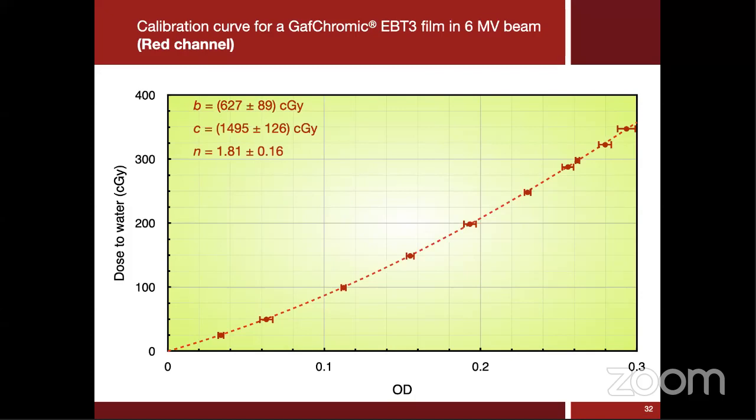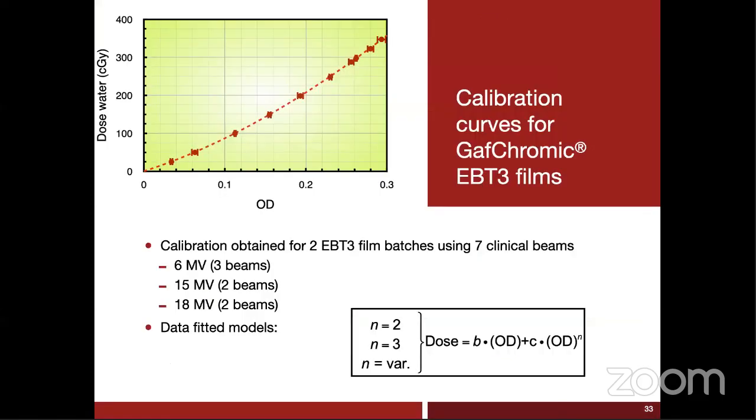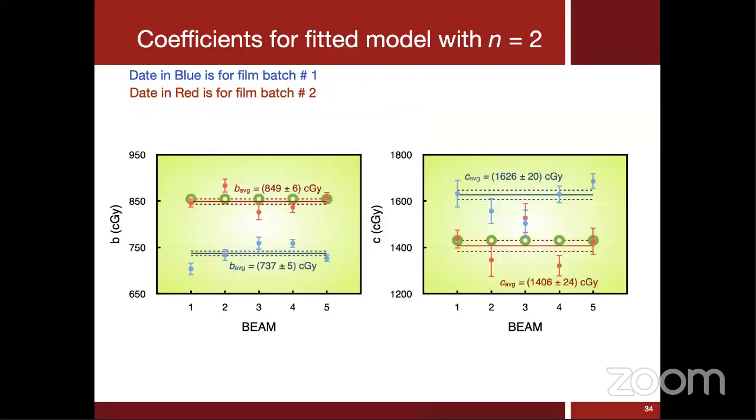We used, I think, 5 different energies: 3 beams with 6 MV, 2 with 15, and 2 with 18. One of the big advantages of GafChromic films is that they are almost energy independent in the megavoltage range, and that's why we wanted to use it for this project. But we wanted to show that it is actually energy independent.